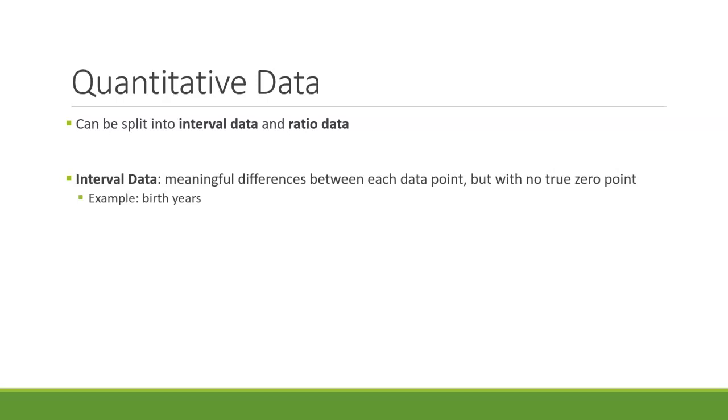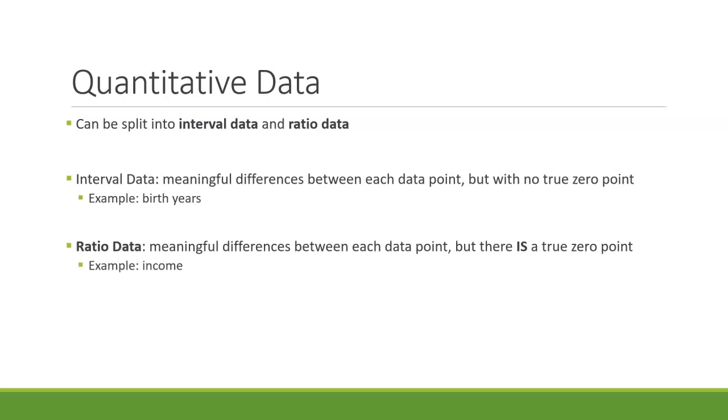The year that you're born tells us something in relation to other years, but we can't use the numbers themselves to tell the whole story, right? Because there's no true 0 point.